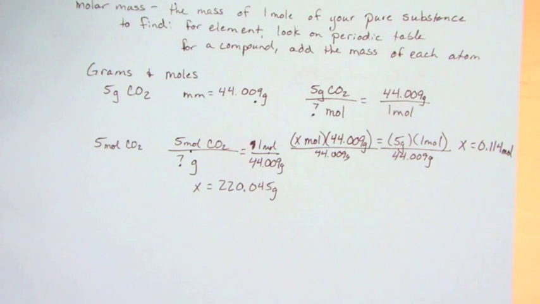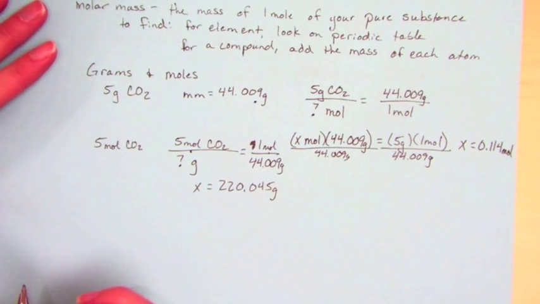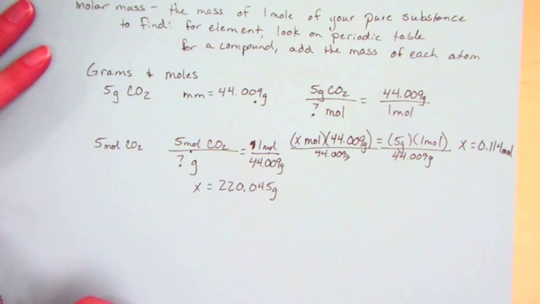Now the trickier part is when we're looking at going between grams and number of particles, or dealing with the number of particles. When number of particles is taken into place, we need to use Avogadro's number.